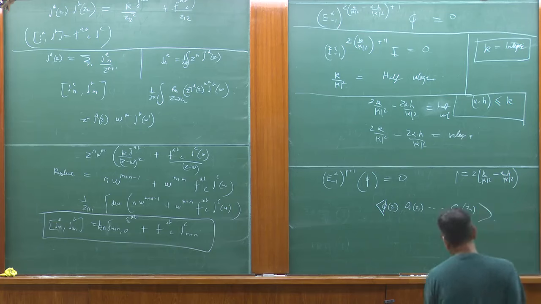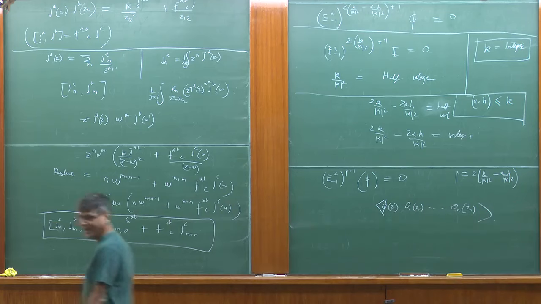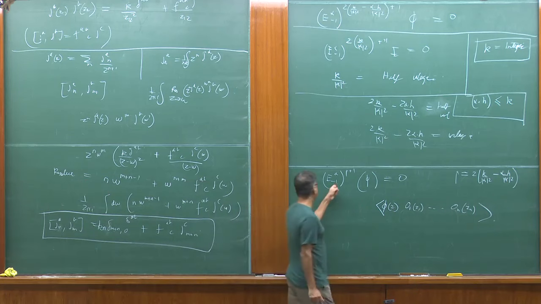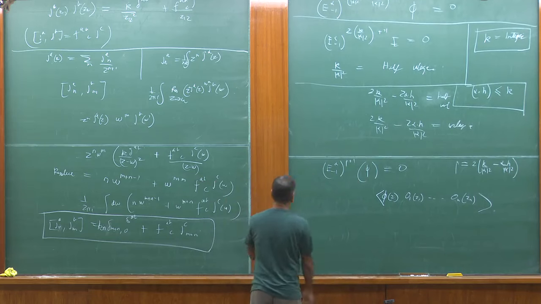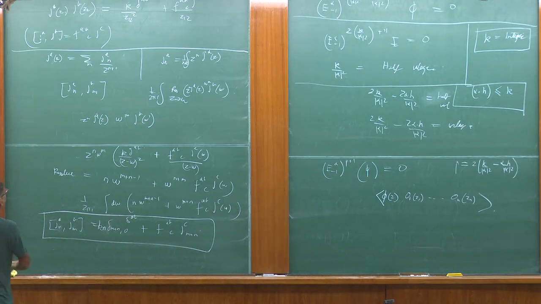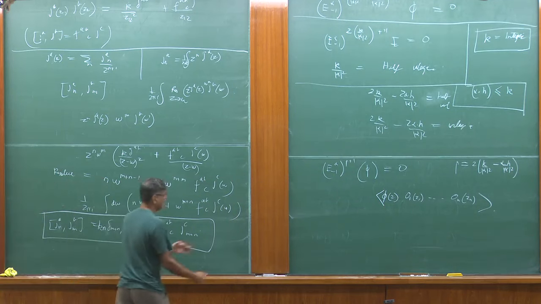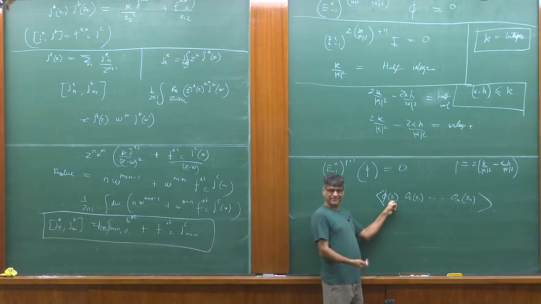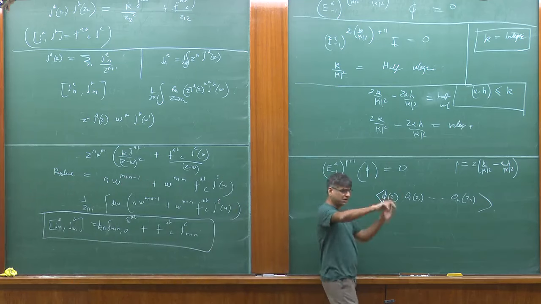Okay, so we did it one at a time. I'll just remind you how we did it. First, let's just act with one E minus 1 alpha on this. E minus 1 alpha is acting on phi, so we do an integral centered around phi.